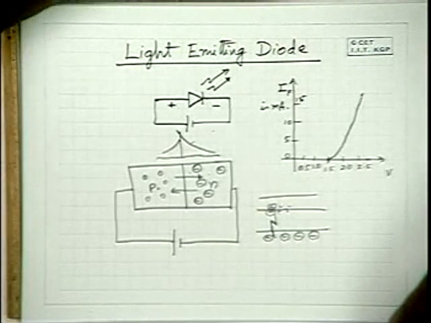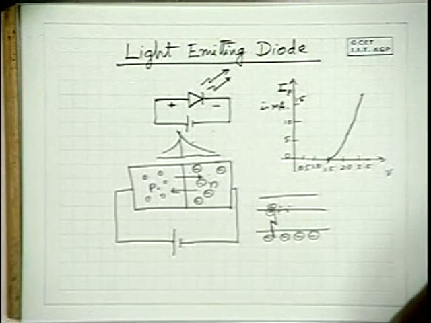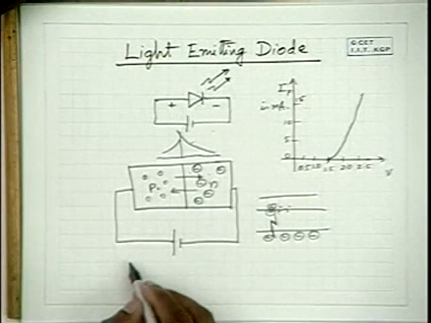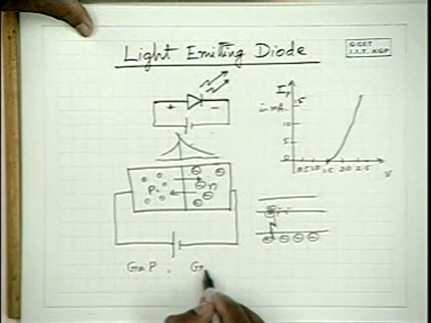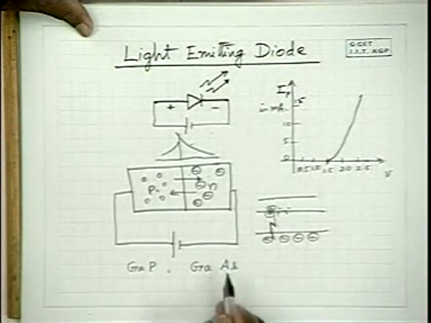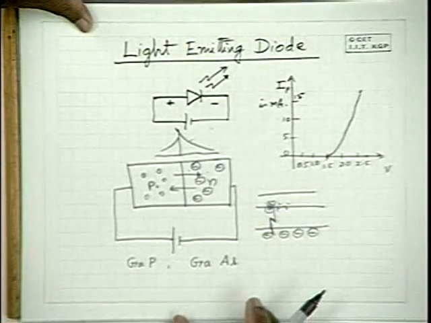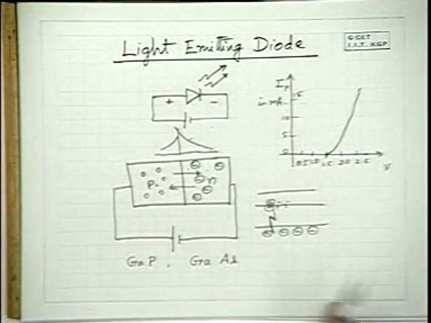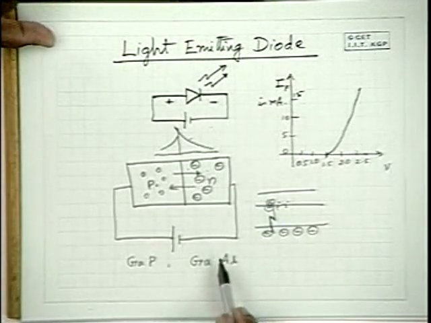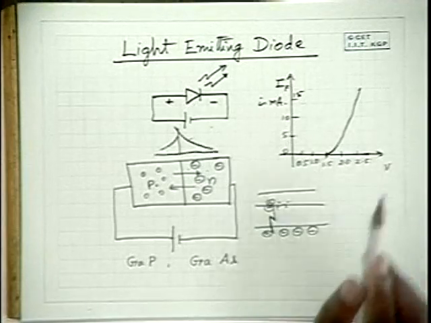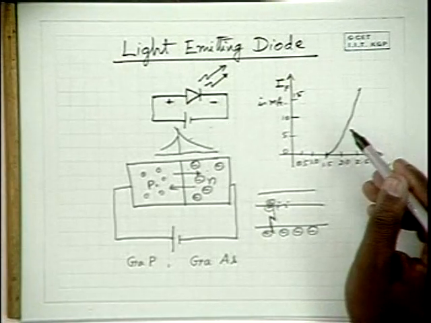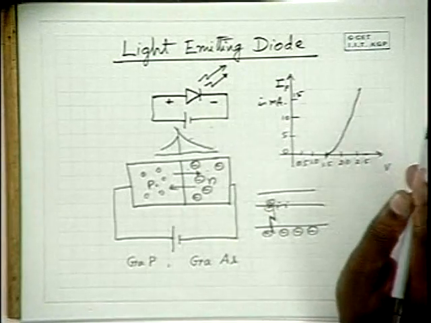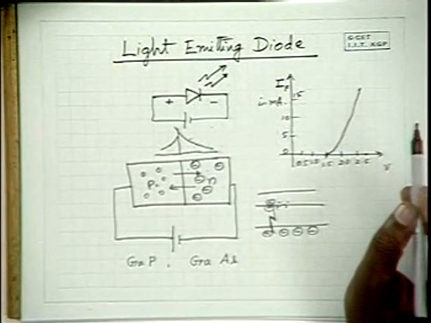This happens when you use materials of the type gallium phosphide and gallium arsenide. When the diodes are constructed using semiconductors like gallium arsenide and gallium phosphide, you have light emitting outside the diode.